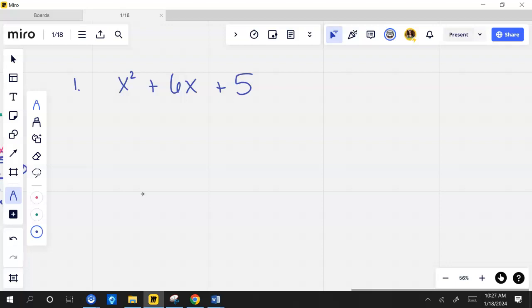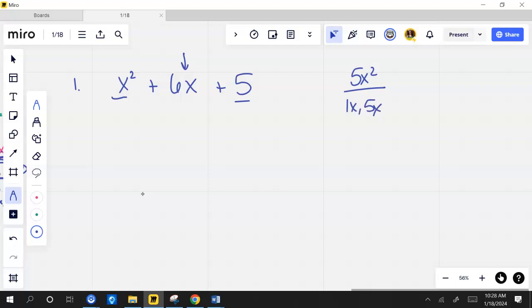Tell me what to do now. What's step 2? Multiply the two ends together, right? X squared times 5 gives me 5x squared. I still, even now, write this off to the side as long as I've been doing this. What multiplies to 5x squared but adds to 6x? 1 and 5. 1x and 5x, right?